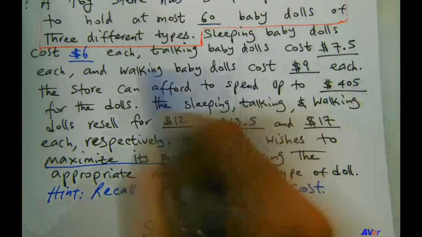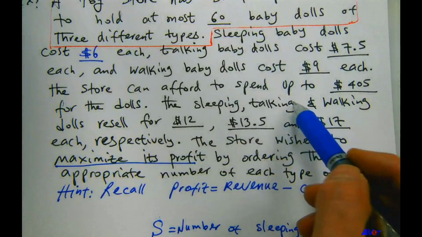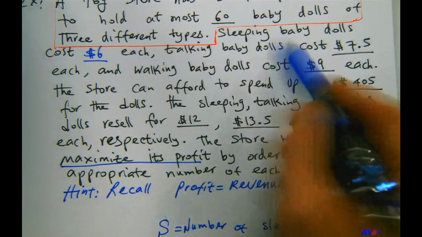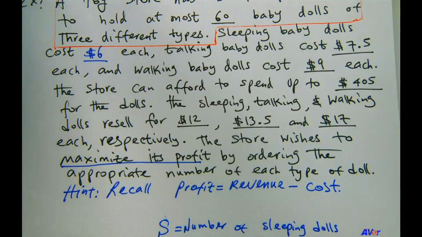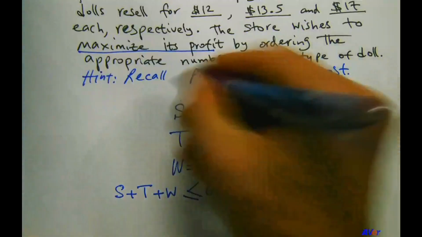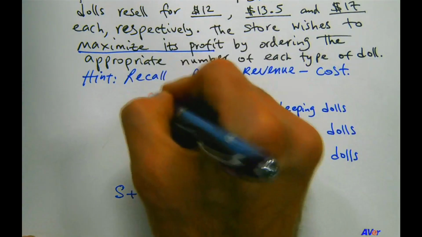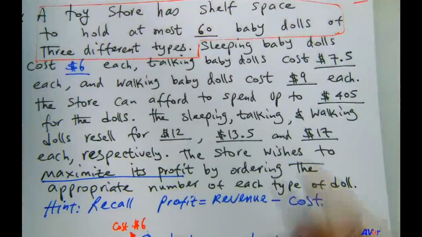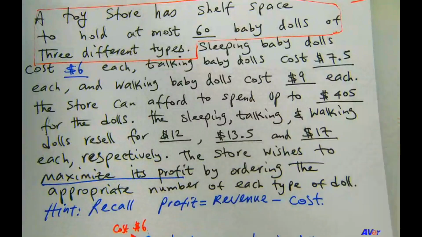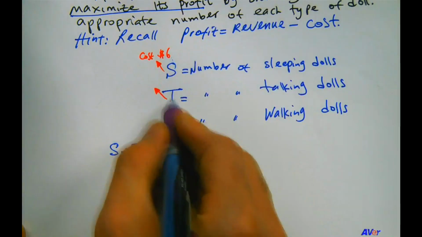Okay? So we're going to read more and translate this information into symbolic form. It says sleeping baby dolls cost $6 each. Okay? So we're going to attach that information to the variable that we introduced, right? Sleeping baby dolls, they cost $6. Talking baby dolls cost $7.50. So I'm going to attach that information to the T variable.